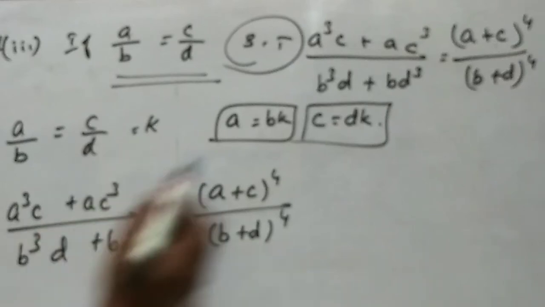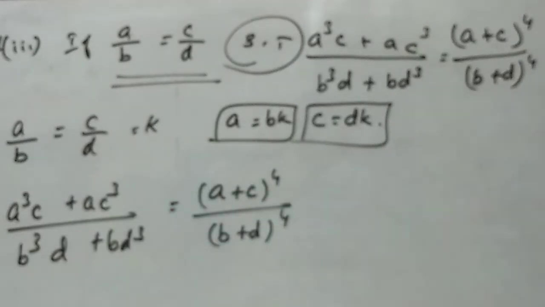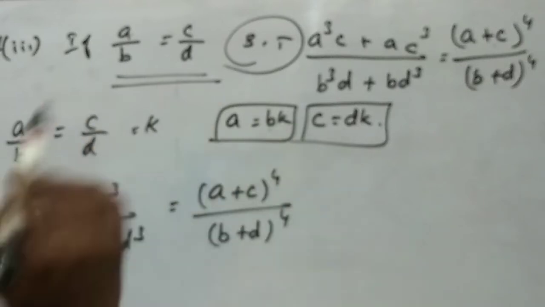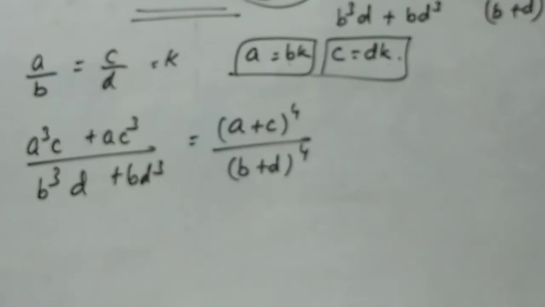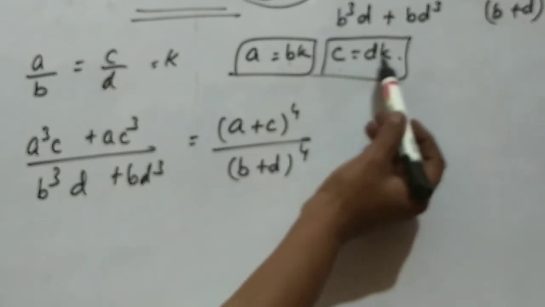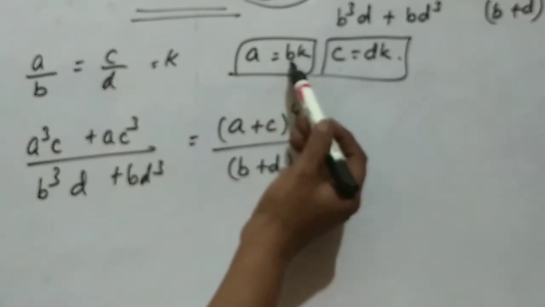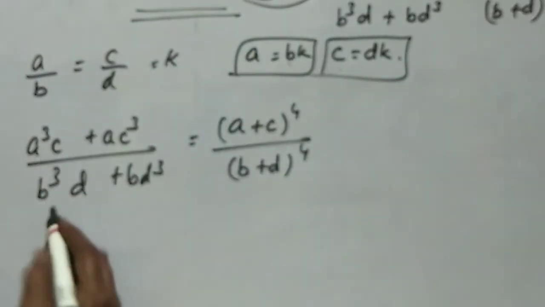Wherever a is there, write bk. In the place of a, write bk. And in the place of c, write dk. Clear? In the place of c, write dk. And in the place of a, write bk.